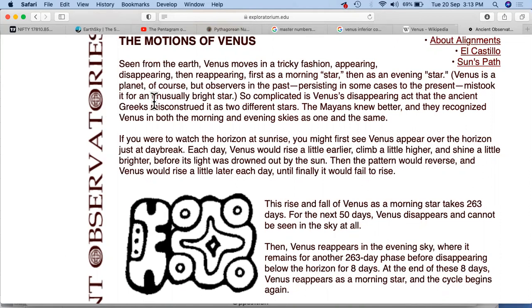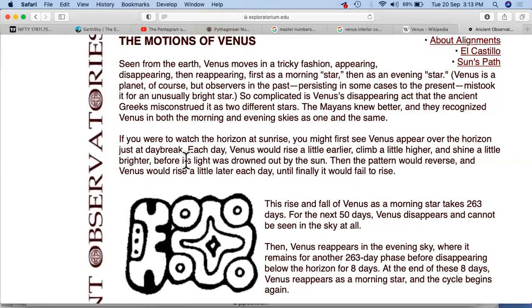Venus is a planet, of course, but observers in the past, persisting in some cases to the present, mistook it for an unusually bright star. So complicated is Venus' disappearing act that the ancient Greeks mistook it for two different stars. The Mayans knew better and recognized Venus in both the morning and evening skies as one and the same.